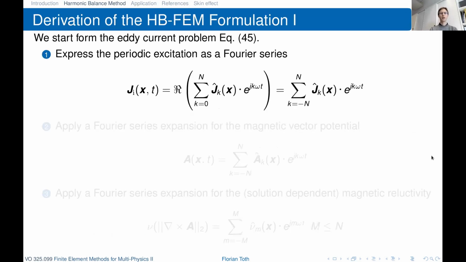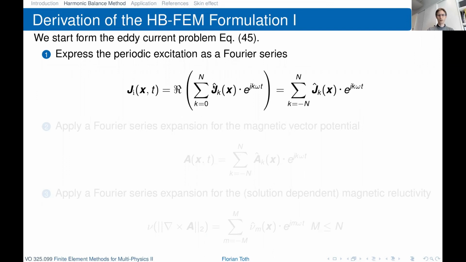So let's look at how we can derive the harmonic balance finite element formulation. As usual, we start from the eddy current problem, and we'll now express the periodic excitation as a Fourier series. We've seen this can be done for any periodic signal. We simply write Fourier coefficients.